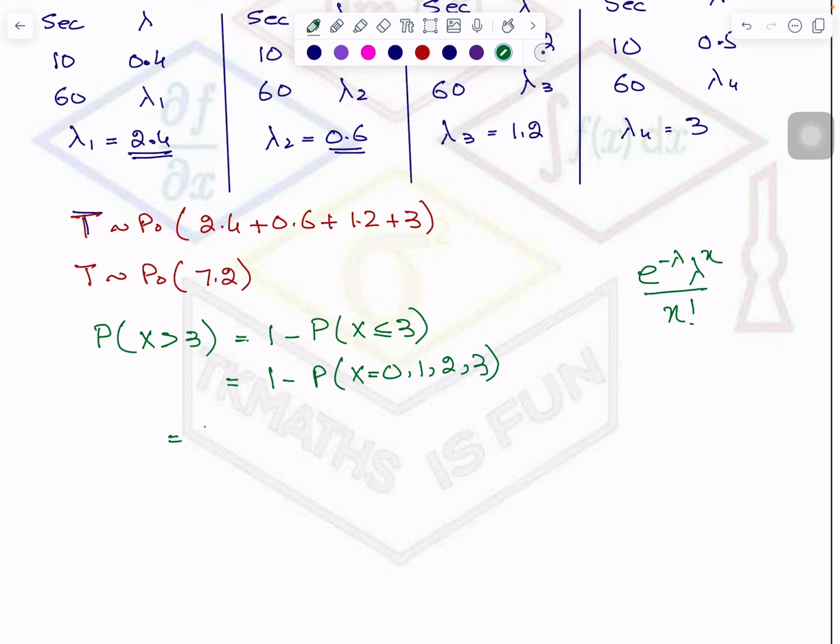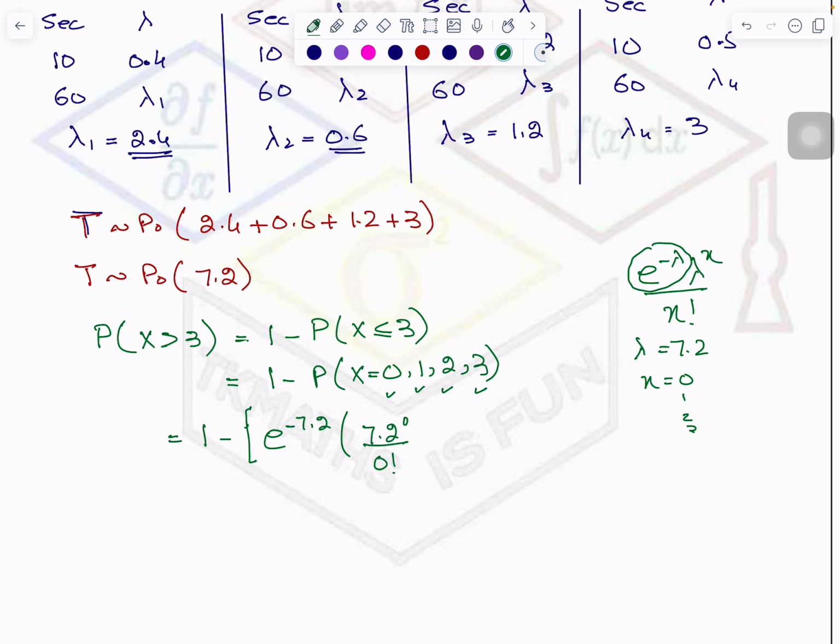So now I will apply it for each one of them. One time I will take x equals 0, then x equals 1, 2, 3. This part, e power minus lambda, will be common for all of them, so I'm keeping it out. Now lambda is 7.2, and x will keep changing, 0, then 1, then 2, then 3. So e power minus 7.2 times lambda power 0 divided by 0 factorial.